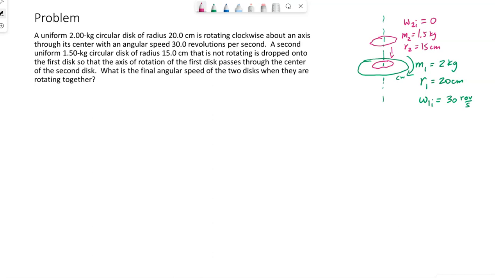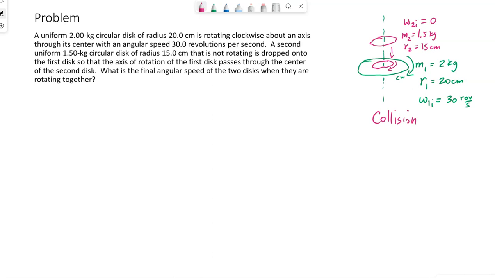All right, so we have disk 2 is not rotating. It's dropped onto disk 1. There will be friction between them that ends up getting them both just rotating together as one big object. And we want to find that angular speed. All right, I see a collision here.